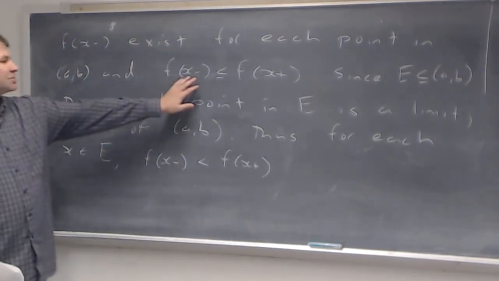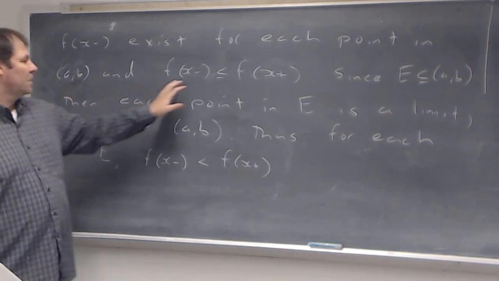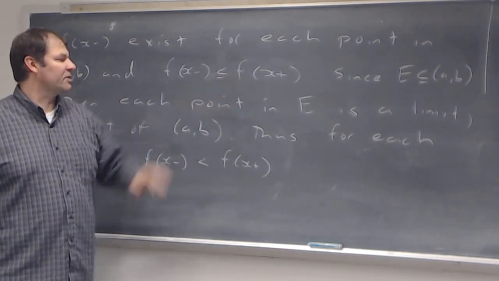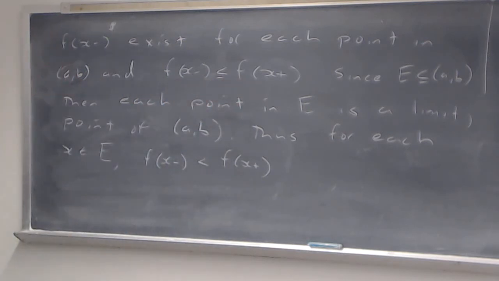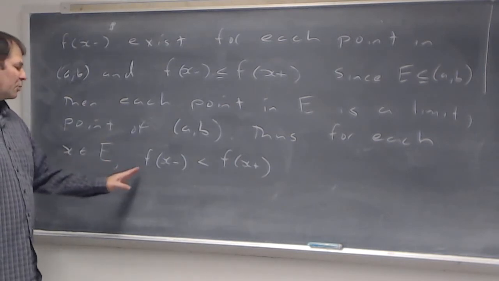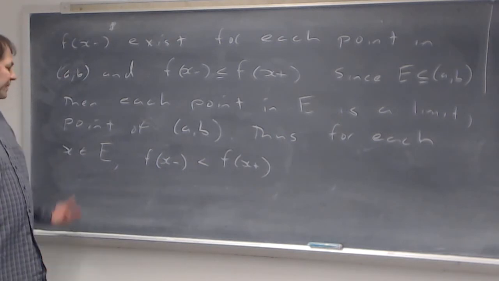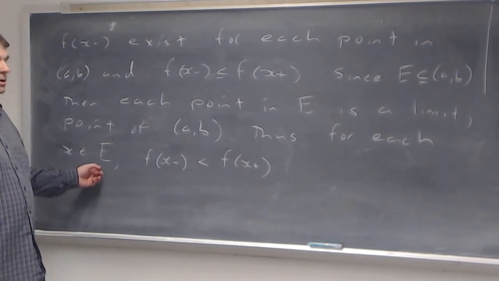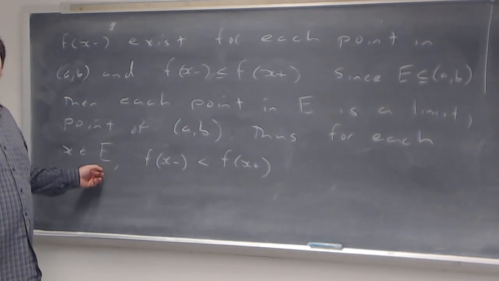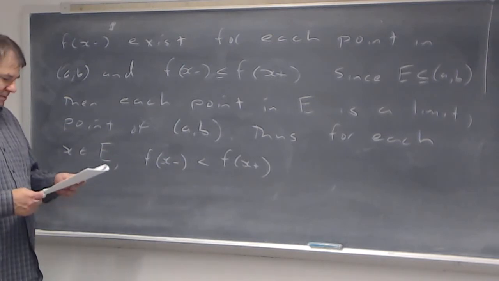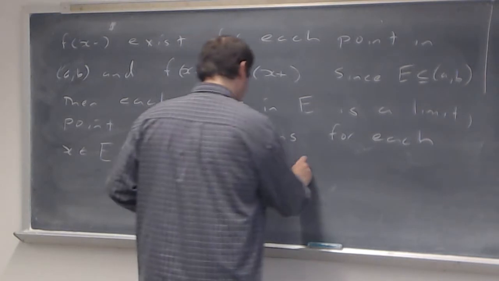Now, we had for each point in our domain that f of x minus was less than or equal to f of x plus. But for the points in E, it must be strictly less than, because if they were equal, they'd be continuous. And E is the points in a to b for which f is discontinuous. Okay? So I'll write that down.